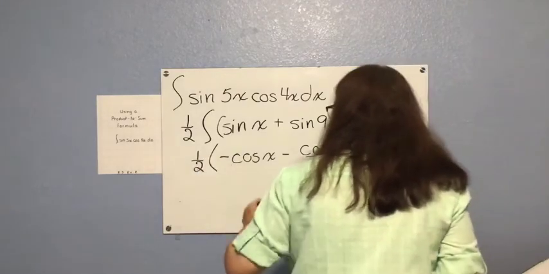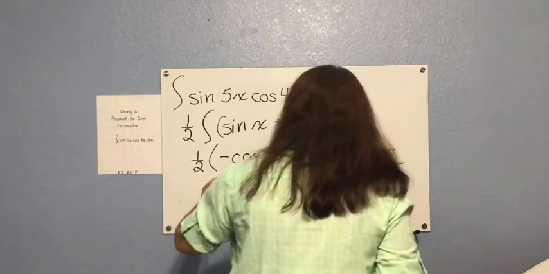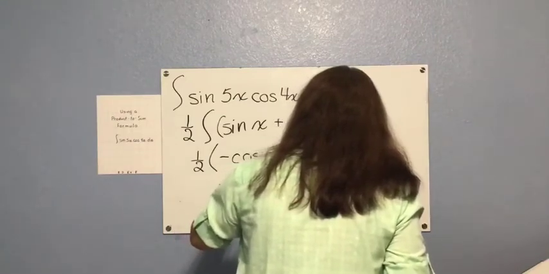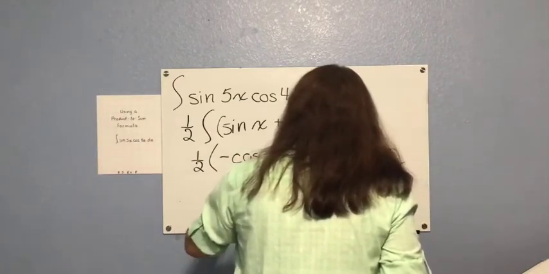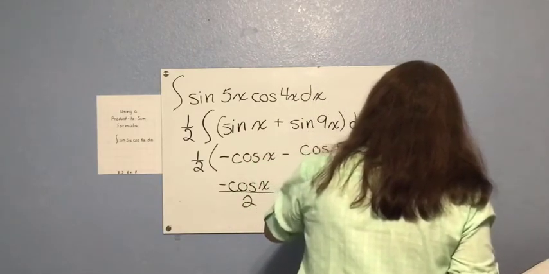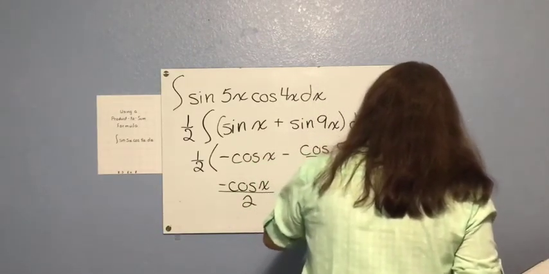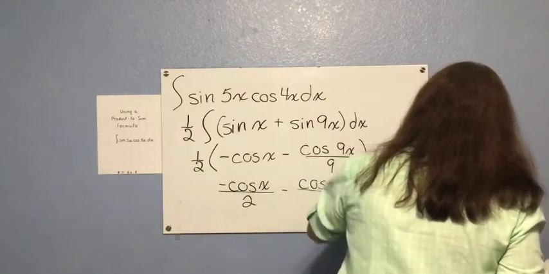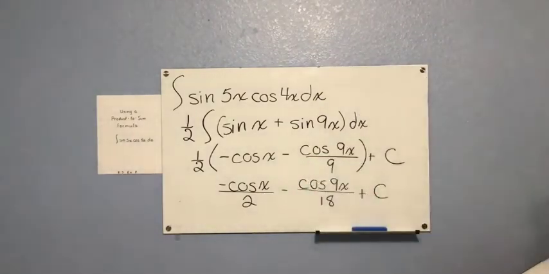Okay, we're going to multiply this through. So we have negative cosine x over 2 minus cosine 9x over 18 plus the constant.